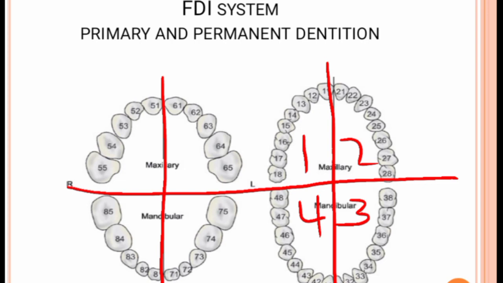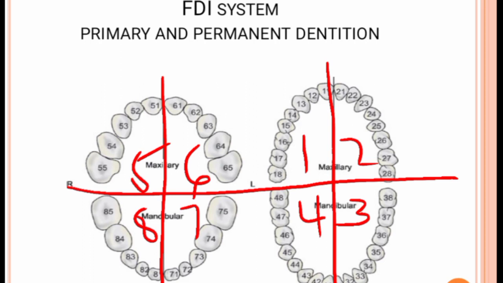For the primary dentition, the maxillary right quadrant is the 5th quadrant, the maxillary left is the 6th, the mandibular left is the 7th, and the mandibular right is the 8th. It is a bit confusing. It is a two-digit system, so when numbering a tooth we write the quadrant number before the tooth number.